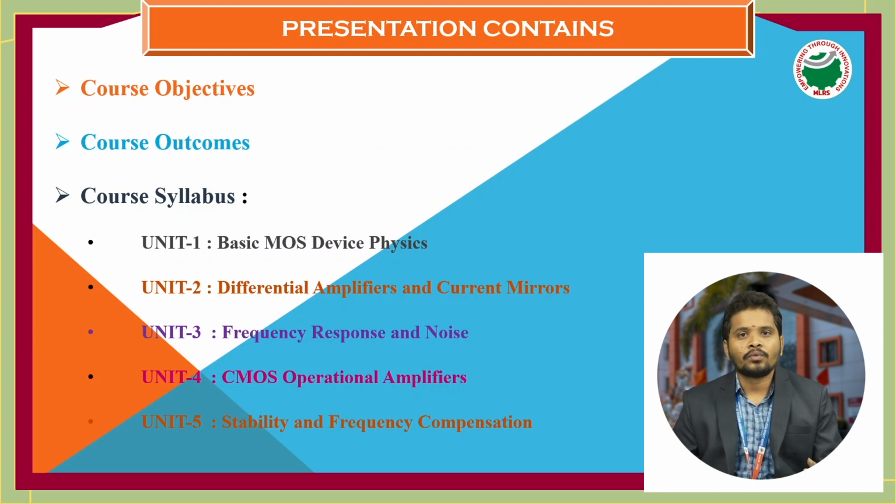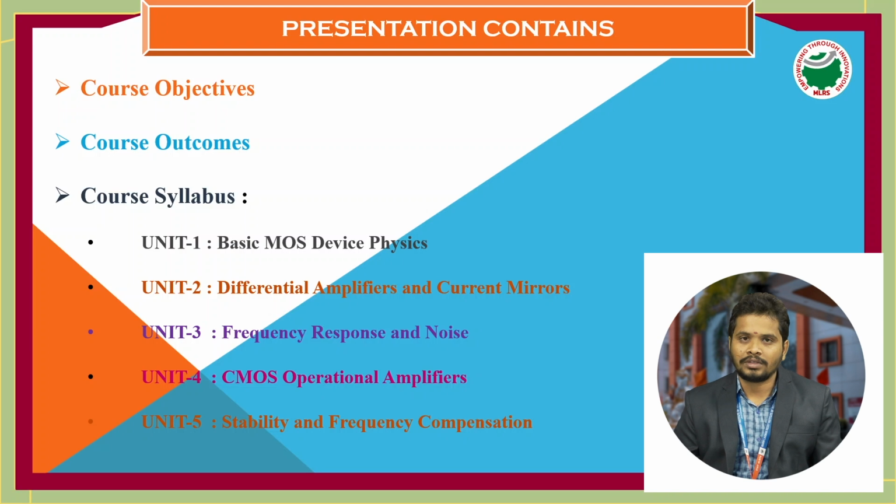If I learn it, what will I get from the course? That we have to know. So before studying, we have to know the course objectives, and after studying the subject, what we will get will be known before starting the course. So here we will see course objectives, course outcomes, and the course syllabus.